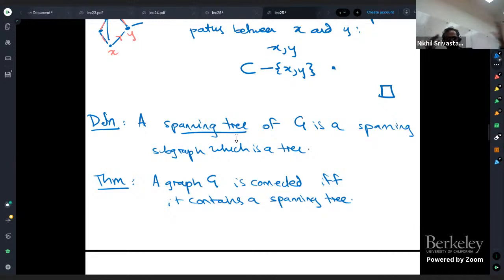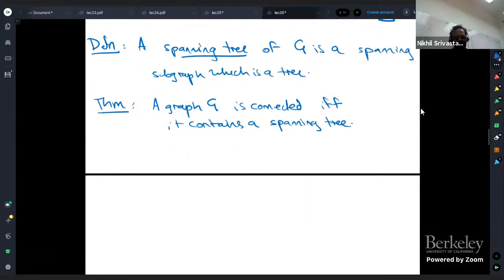And this is saying being connected is the same thing as having a certain special kind of subgraph, namely a spanning tree. So let's prove this. Let's prove the forward direction. The forward direction is really the more interesting one. Assume the graph is connected, and we're going to prove it contains a spanning tree.